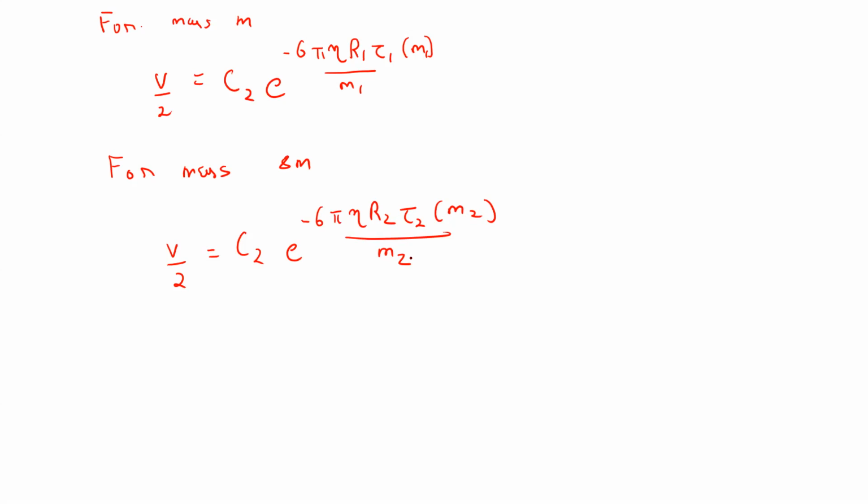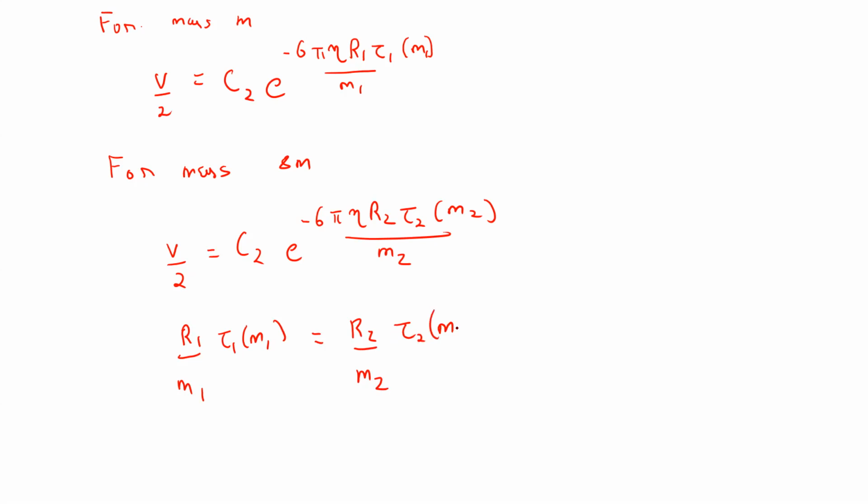So now let's divide the above equations. When we divide, we'll get r1 by m1 tau 1 is equal to r2 by m2 tau 2.